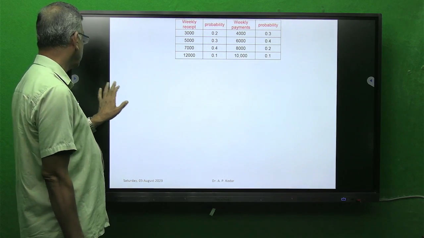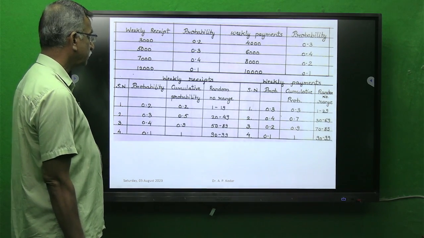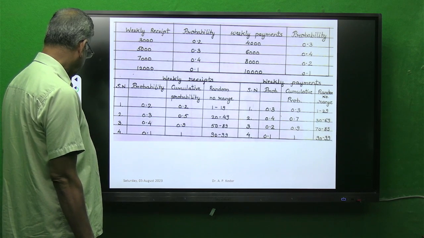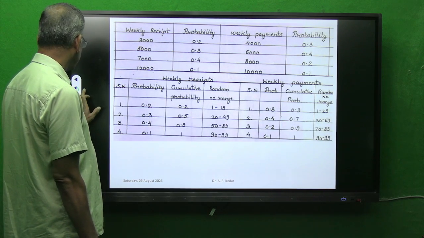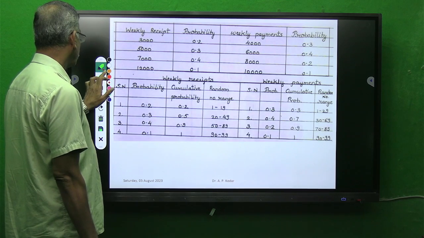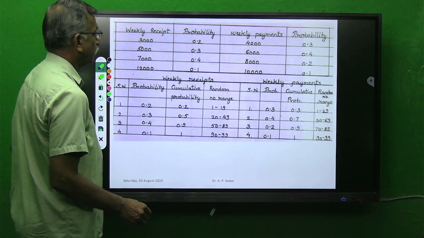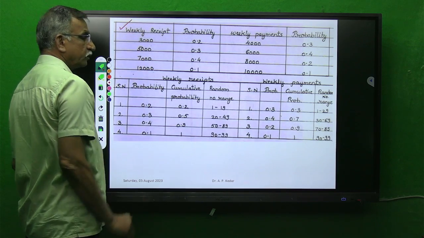I have calculated the range for you people. So you can see here, my intention in previous slide was to tell you the actual calculation. So this data was given to us.